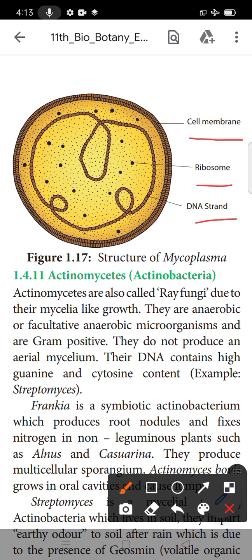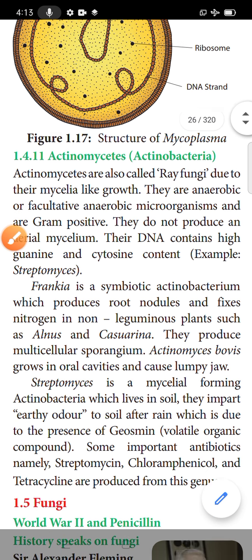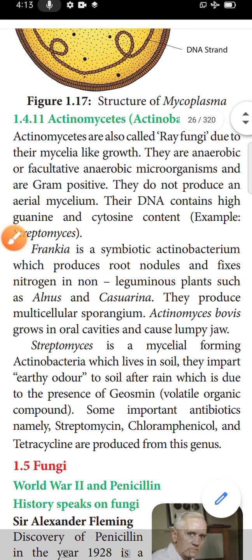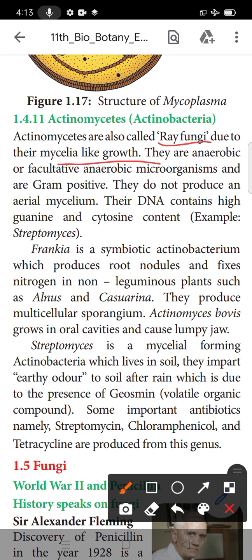The next one is Actinomyces, an actinobacterium, also called ray fungi due to mycelium-like growth. They are anaerobic or facultative anaerobic microorganisms. Anaerobic means oxygen is not utilized for respiration. They are gram-positive bacteria that do not produce aerial mycelium.